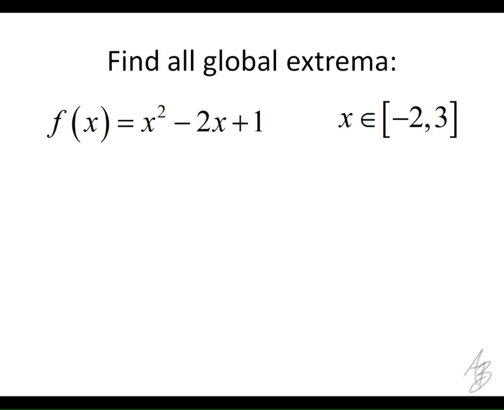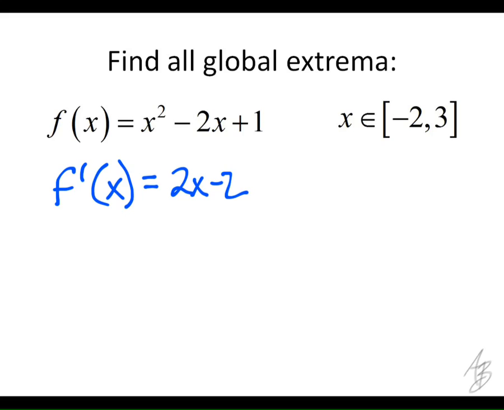Yeah. So remember what we said. The only places where we could have a maximum or a minimum value are at the endpoints and at the, what were they called? Starts with a C. Critical points. So we're going to find the critical points by taking the derivative. The derivative of this function is 2x minus 2.